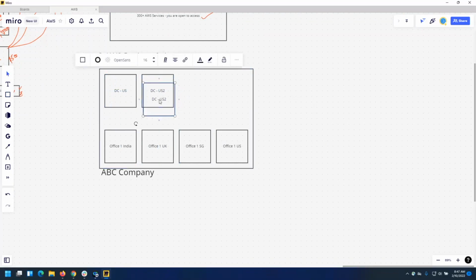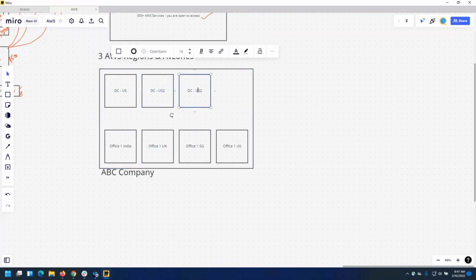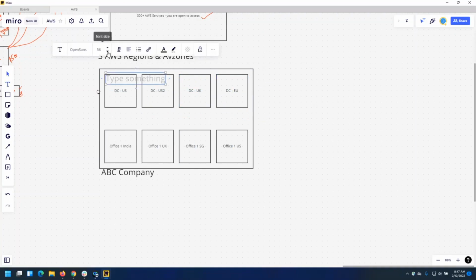And you have another DC in UK, another DC in, let's say, Europe. These two are primary, secondary, and these two are primary, secondary. Now, considering yesterday's discussion, what kind of IP ranges do you want to give to these offices or these remote customer data centers?